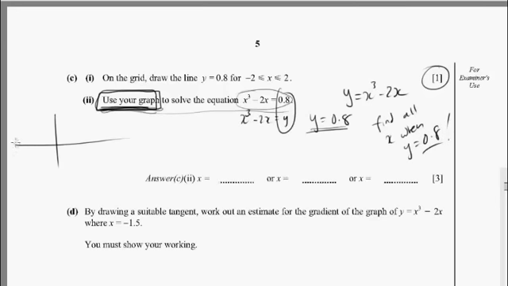So let's pretend we had a graph that looked something like this, and we had a y equals 0.8 line like this. Then find this x value, find that x value, and find that x value from the graph.